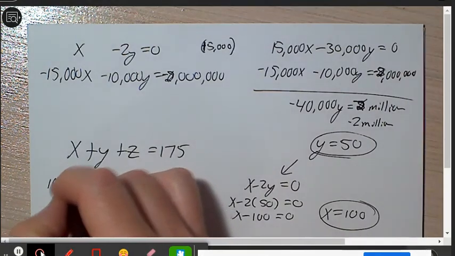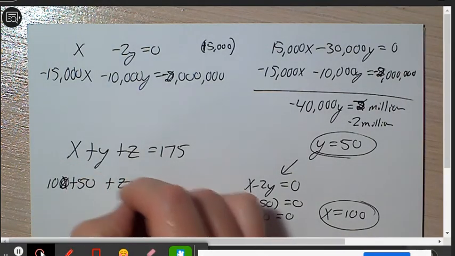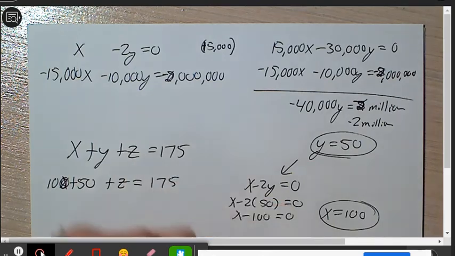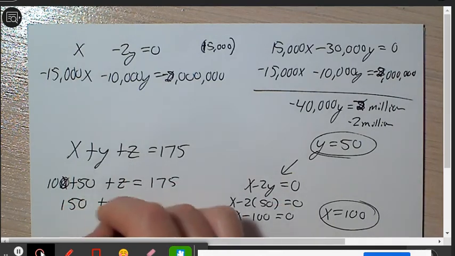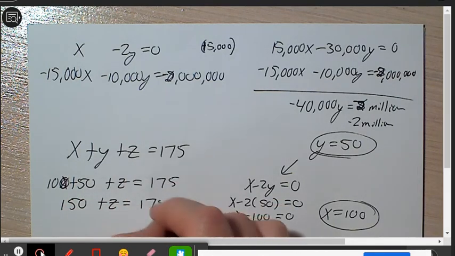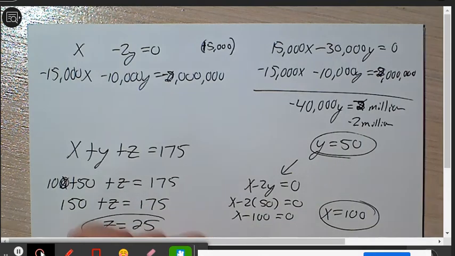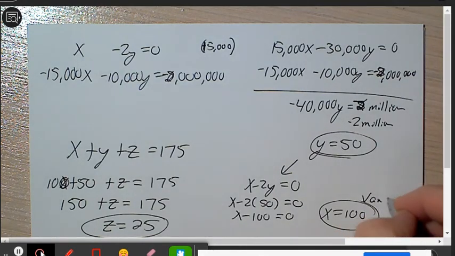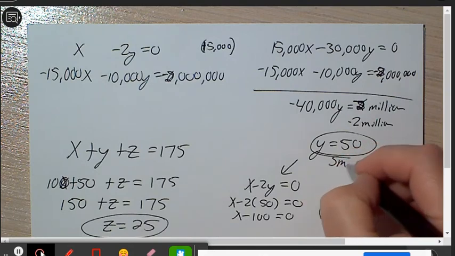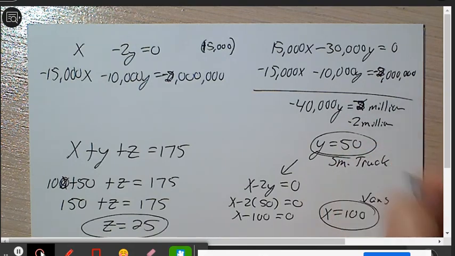We're trying to find out what z is. So that's 150 plus z equals 175. So z would equal 25. Okay, so we said this was vans, this was small trucks, and this was large trucks.